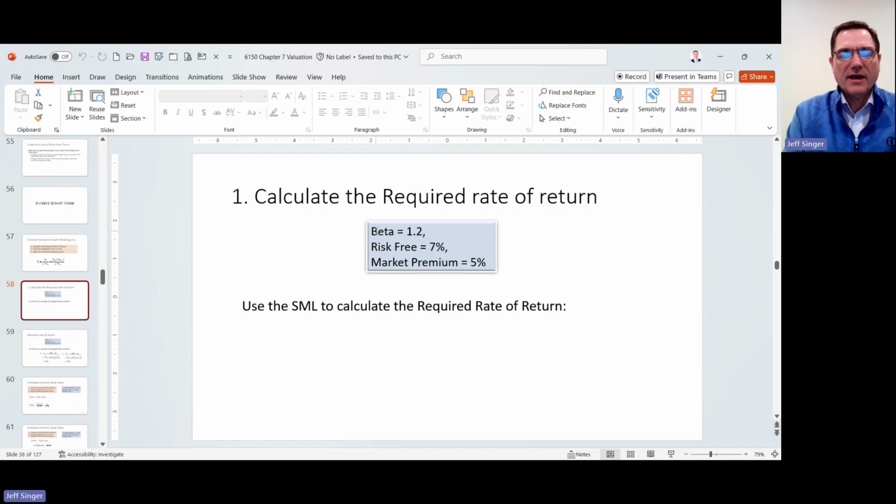You look at the beta for the company. We know the risk-free rate in the market is generally 5%, even though I had 7% here. And then the market premium is usually between 5 and 8%, depending on what the S&P is doing.